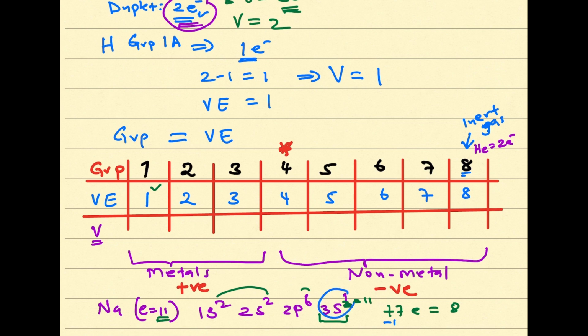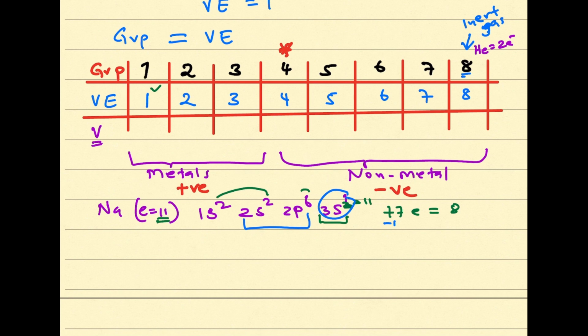If we lose this one electron, then we revert back to the lower energy level, which actually has 8 electrons, that's already filled. You'll see that metals will rather lose 1 electron than gain 7 electrons. And because they're losing 1 electron, they end up with a positive charge. So because they lose 1 electron and end up with a +1 charge, they have a valence of 1, and they have a charge of +1.